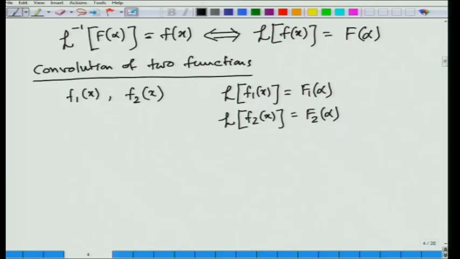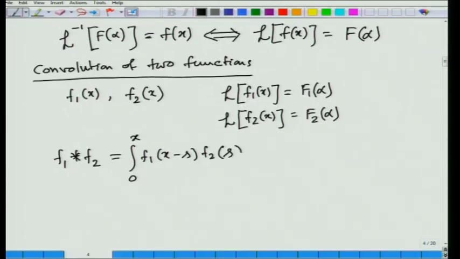Now, the convolution of these two functions is denoted by f1 star f2 and defined by the integral from 0 to x of f1(x minus s) f2(s) ds. This is called the convolution of two functions f1(x) and f2(x).